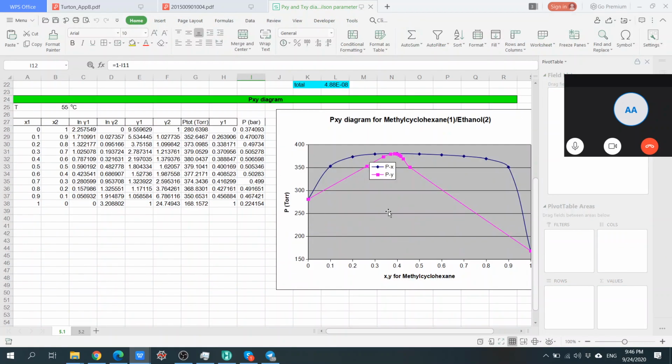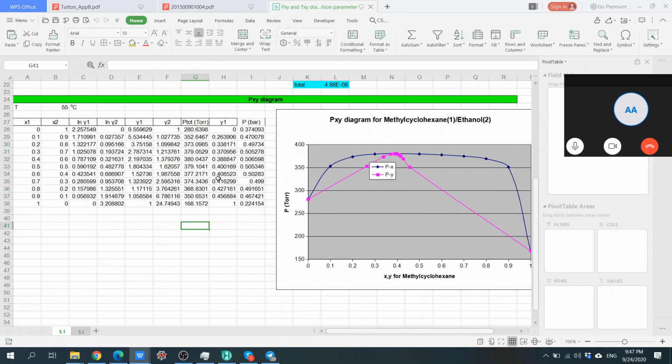Yeah, and then we plot this x1 against the calculated P, which is this P. This plot is the one that we are going to compare with other experimental data if we have them.